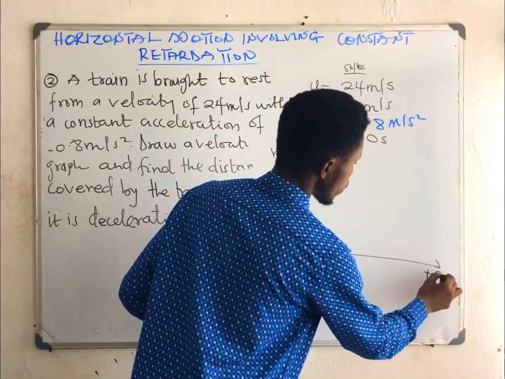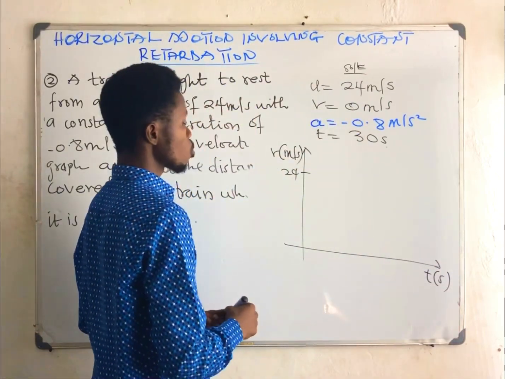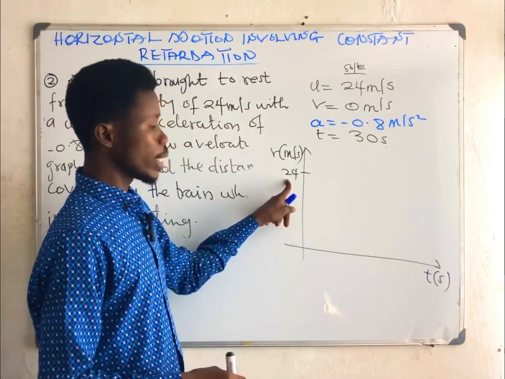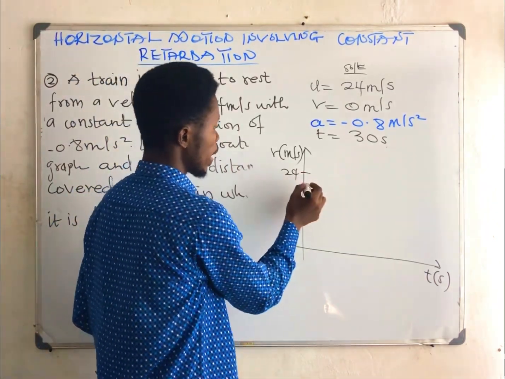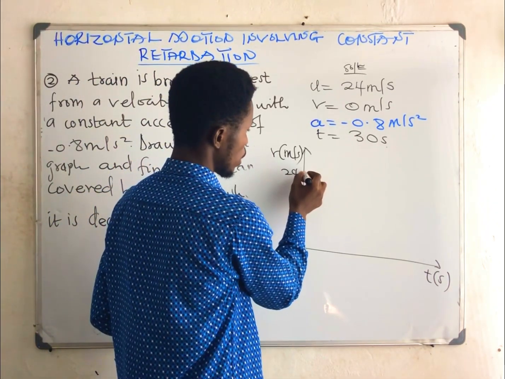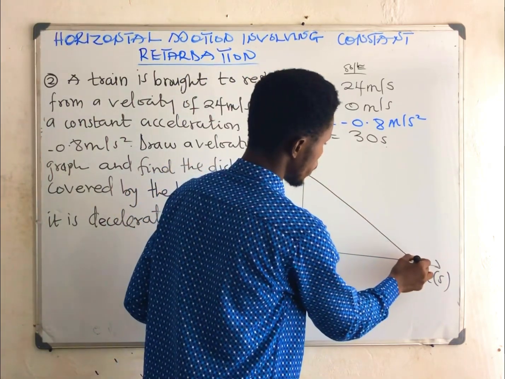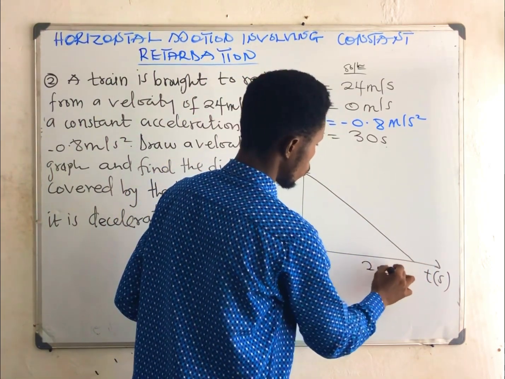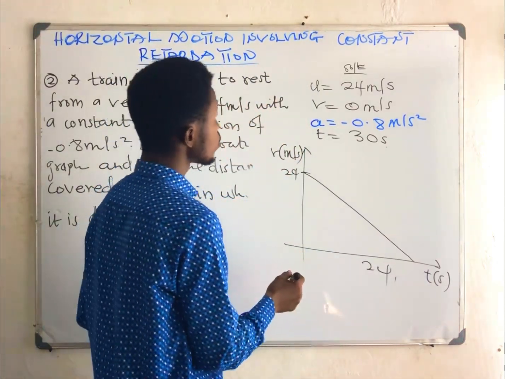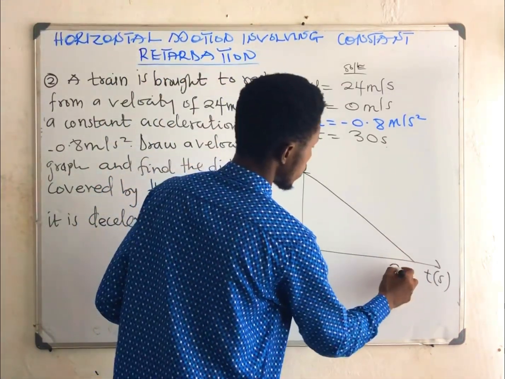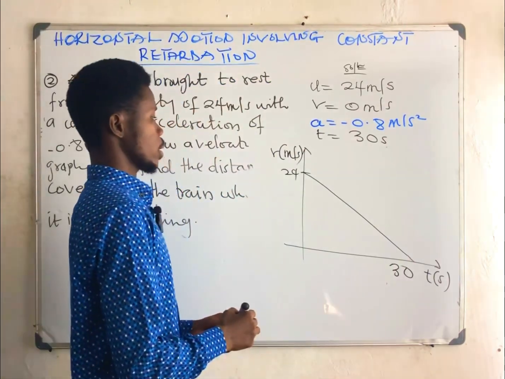My time is in terms of seconds. So now, this will be the initial velocity. So the train was actually here, and the train decelerates to this place, which is what? 30 seconds. Is that okay?